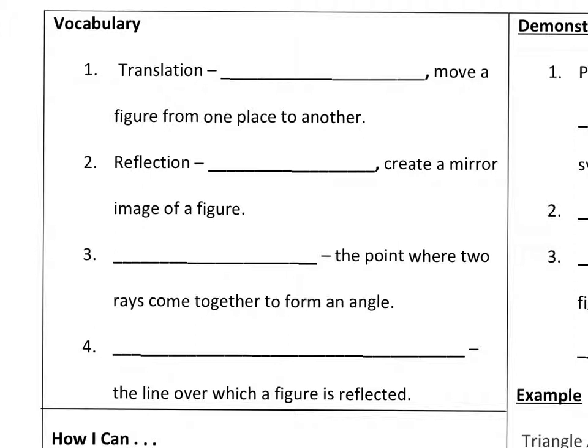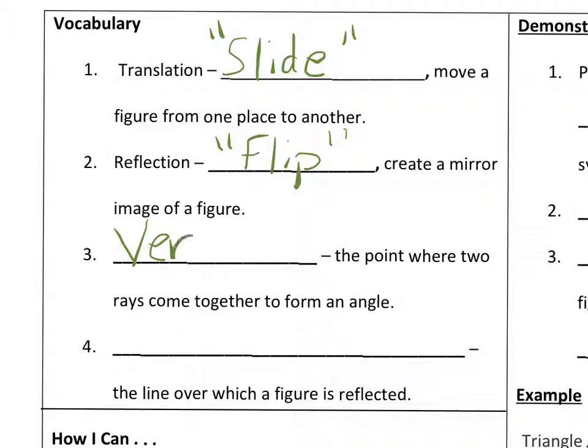Okay, so let's look at some vocabulary. First of all, a translation, you've probably heard it called a slide. And that's just moving a figure from one place to another. A reflection is a flip, or creating a mirror image of a figure. We're also going to be talking about a vertex, or vertices if you're talking about more than one.